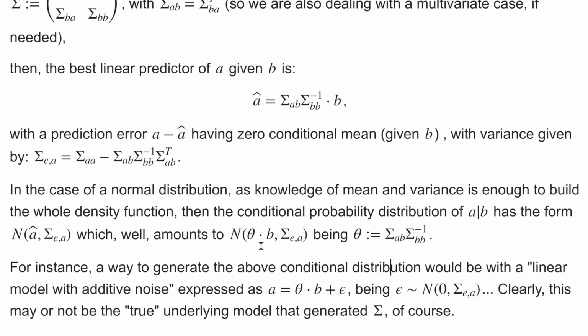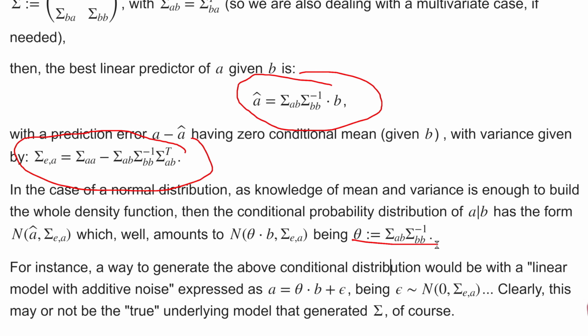But well, a way to generate a normal distribution with a given mean and variance is, for instance, summing to the mean, this number once I know B, an independent random variable of zero mean and the required variance. So from this expression and this expression with this definition of theta, I can build this linear model with independent additive noise that generates the conditional distribution.